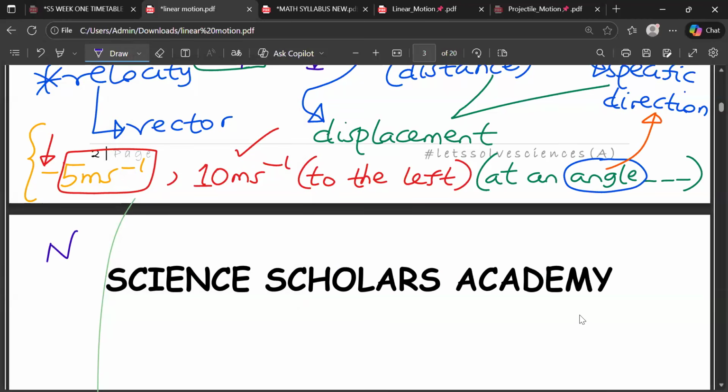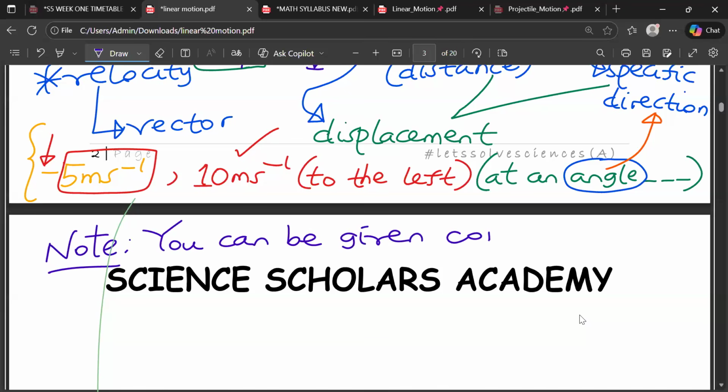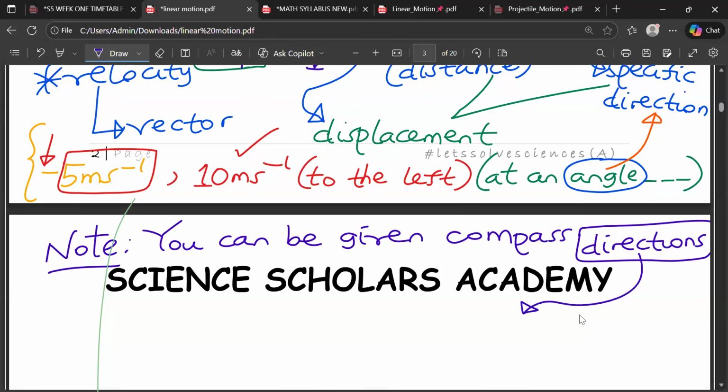So note, you can be given compass directions, but that one is very clear. The mere fact that they are directions is enough to show you that when they appear anywhere, that is a vector quantity. So direction, they can tell you north, they can tell you east.